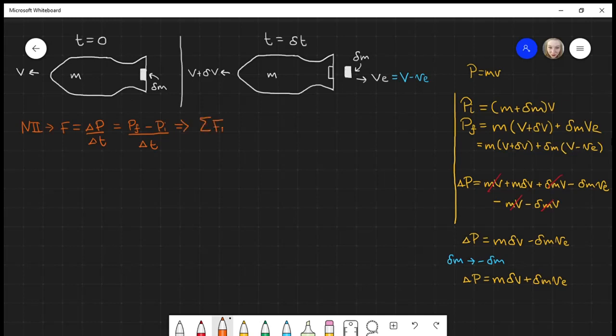the sum of the forces is mass dv by dt plus exhaust velocity dm by dt.